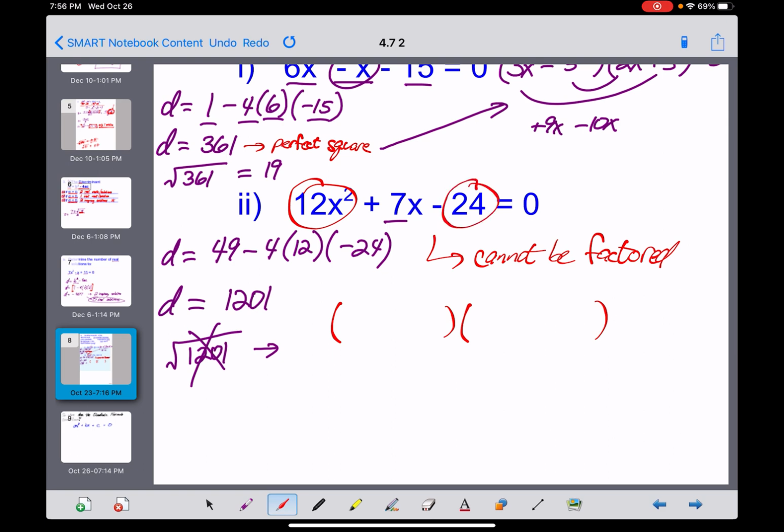The 24 can be split up, I think, 4 different ways. 6 times 4, 8 times 3, 12 times 2, and 24 times 1. That means, if I'm doing my math right, there are 12 different things we would have needed to try to factor this. And the old way of doing things, we would have had to try all 12 and then found out that none of them worked to say that this expression was prime and it cannot be factored.